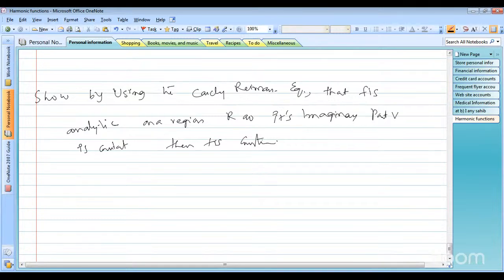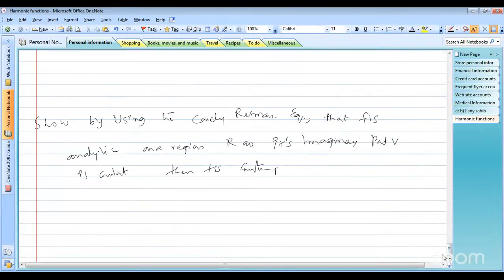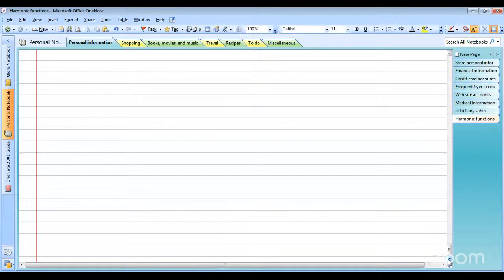So suppose f is equal to u plus iv, which we are taking here.